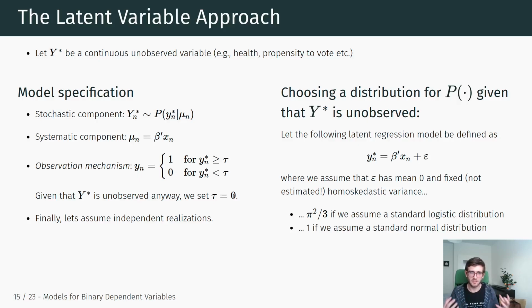But again, the underlying probabilities that we're estimating, and the resulting substantive conclusions, are still going to be the same. We just have to make different identifying assumptions. They result in different coefficients, but the substantive conclusions with regard to quantities of interest are still the same. Okay.